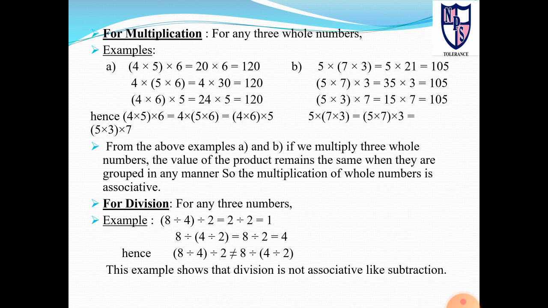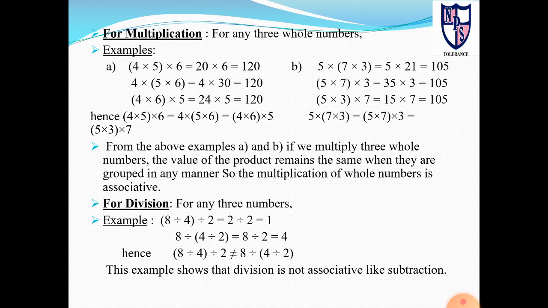Now we have to check for multiplication. For any three whole numbers, if we take 4, 5 and 6, then the product is equal to 120, if we multiply the three whole numbers grouped in any manner. In the second example B, when the three numbers 5, 7 and 3 are multiplied, if we group them in any manner, we get the result 105.